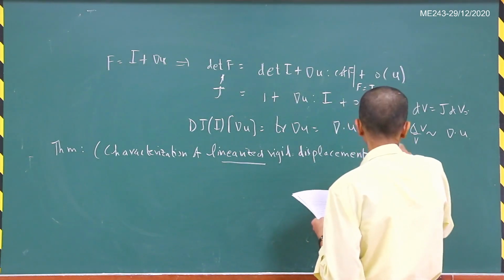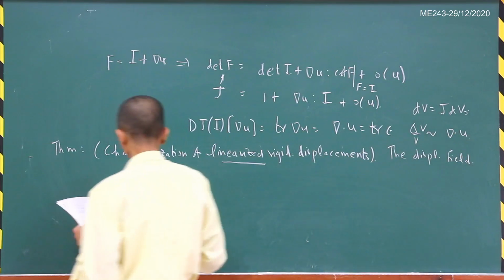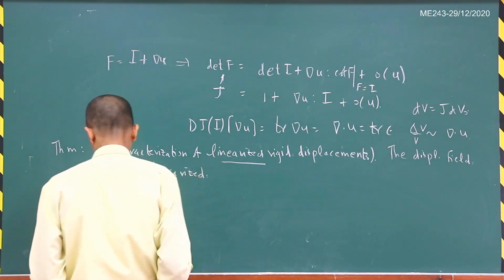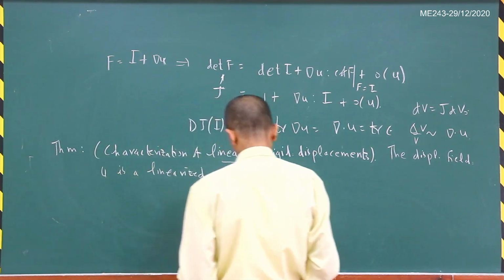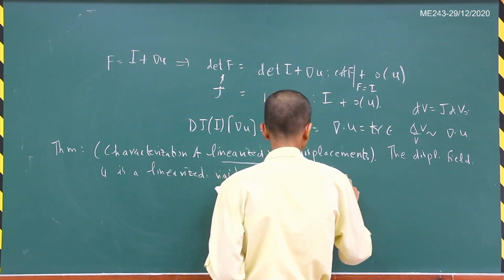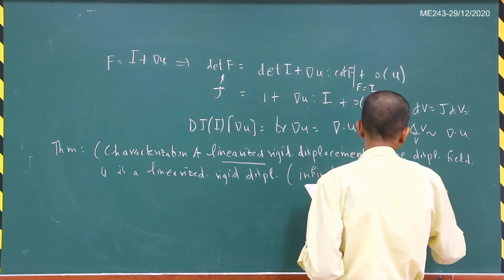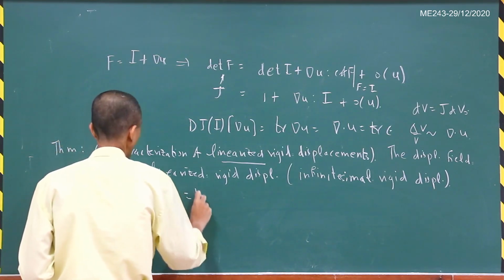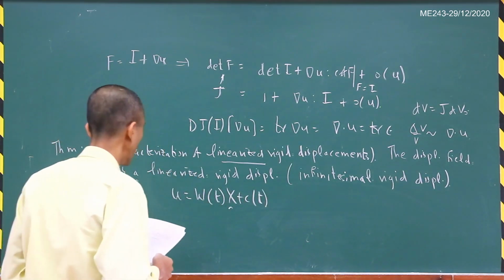So the displacement field U is a linearized rigid displacement, or also infinitesimal rigid displacement, if and only if U equal to W of T times X plus C of T. W is of course a skew symmetric tensor here.